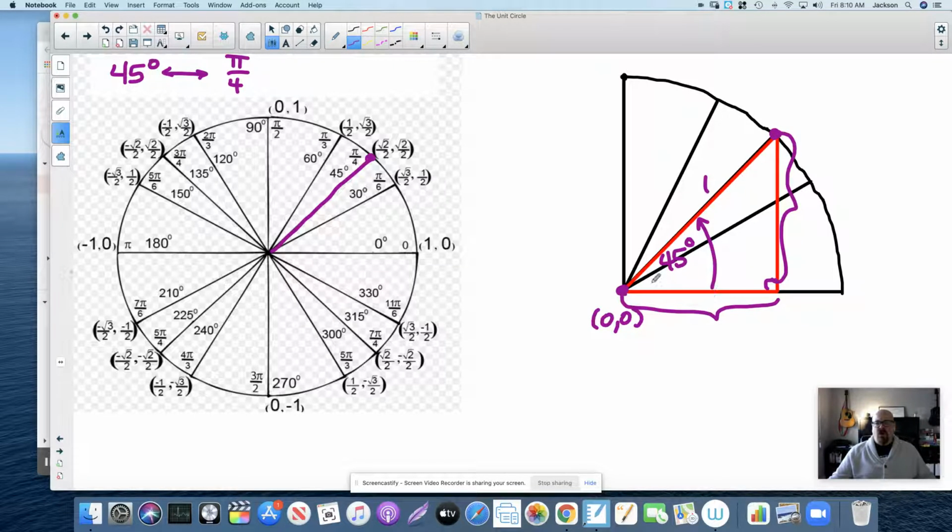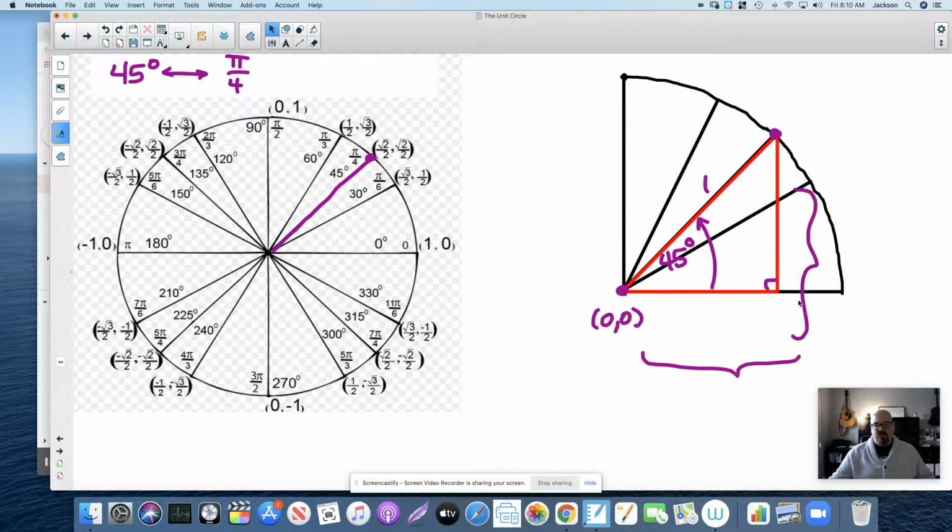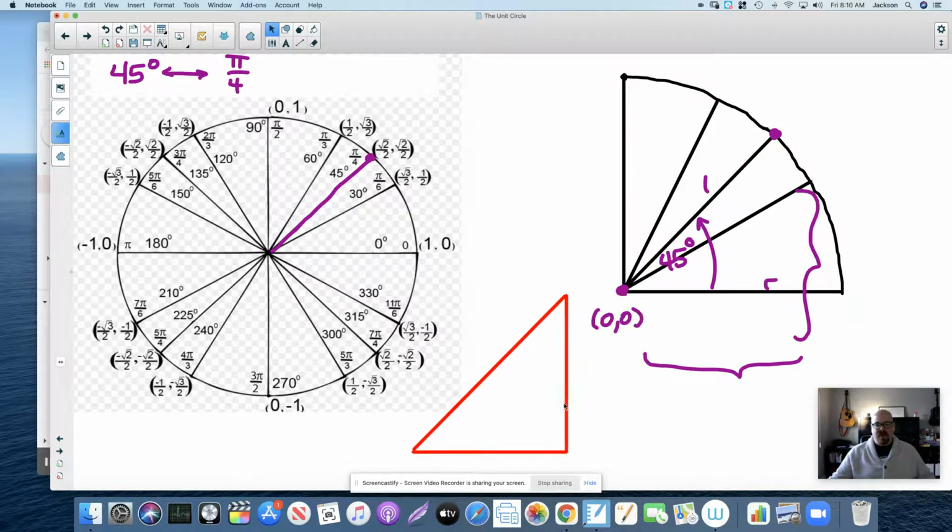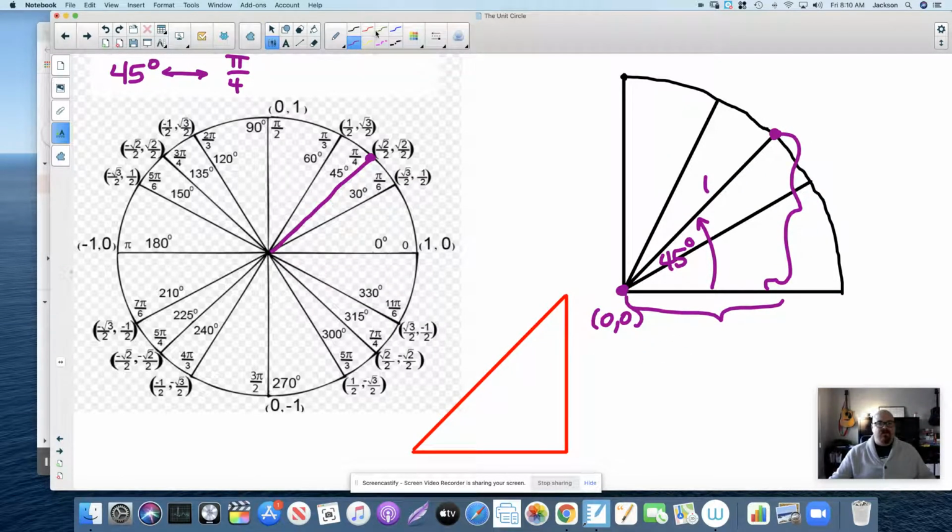So how do we come up with those measurements? Well, in a 45, 45, 90 triangle, as we've talked about in the past with special right triangles, the side lengths are in a special ratio where whatever the two congruent legs are, the hypotenuse is radical 2 times that.